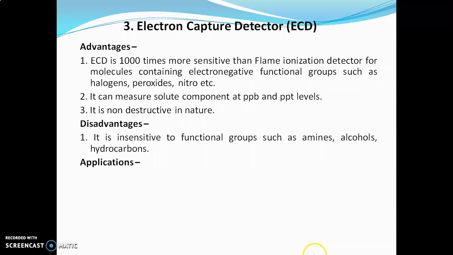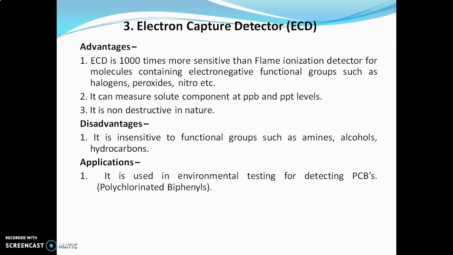Applications of electron capture detector. It is used in environmental testing for detecting PCBs, polychlorinated biphenyls. Polychlorinated biphenyls are man-made chemicals which are contaminating food, air, water, soil, and large amounts of PCBs are harmful to human health.